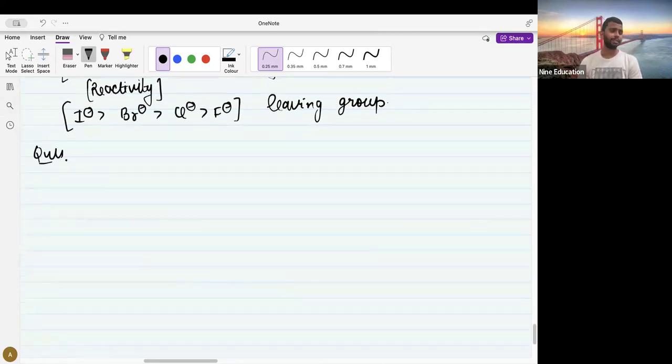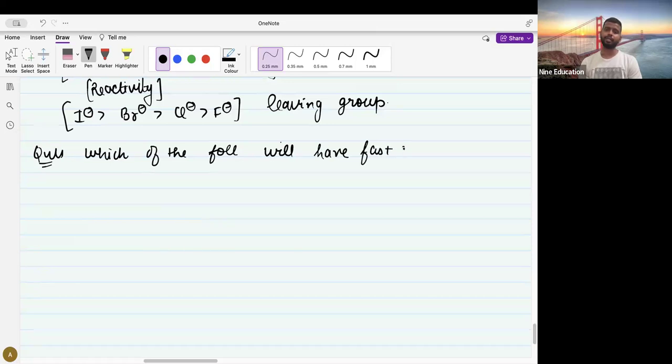Question here, see. Which of the following will give fast SN2 reaction? In which of the following will you have fast SN2? So first one, let's say I have this one or this one.